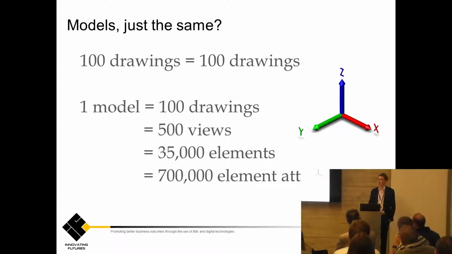But also those 100 drawings are made up of maybe 500 views. Those 500 views in that one model might contain 35,000 elements, and those 35,000 elements might contain, if they only contain 20 parameters each, which I know a lot of models contain a lot more than that, you soon get up to 700,000 element attributes. And if you've got to sit and go through all those attributes, then it's going to take you a long time to check that manually.